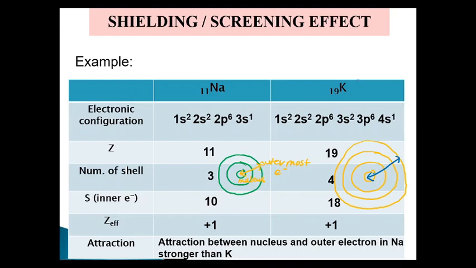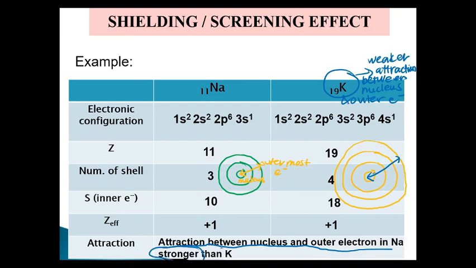Okay, that would be who has a weaker attraction between nucleus and outer electron. So the attraction between nucleus and outer electrons in sodium is stronger than potassium.